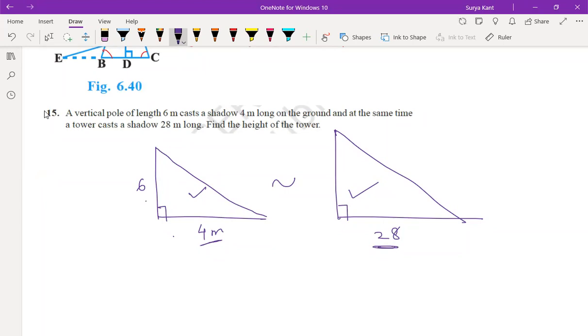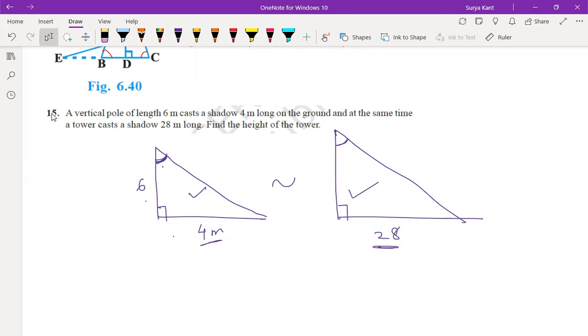Because the vertical pole is there. The pole will have the same angle. Vertical pole of length 6 meter. At the same time, the tower casts a shadow, and because of the sun, this angle will be the same, right? If the sun is there, the angle from the sun remains the same at every place, right?